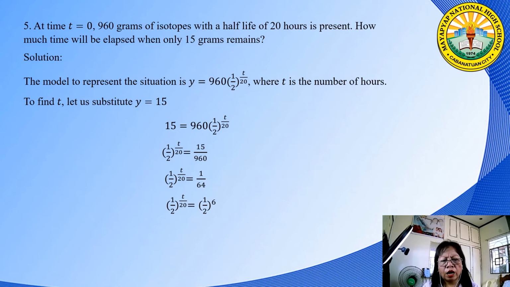So you make their bases the same. If they are both the same bases, from the one-to-one property of exponential function, you equate that t over 20 is equal to 6. You equate that their exponents are equal. So solve for t, therefore t equals 120 hours.